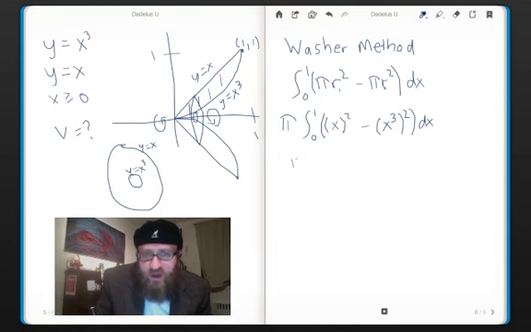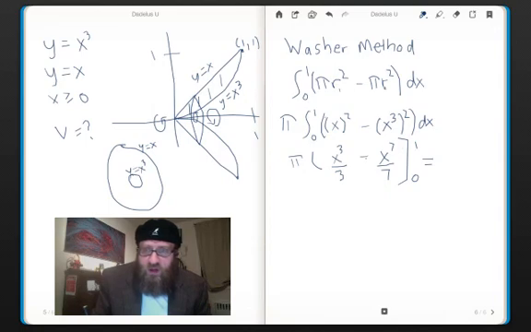This equals, we still have pi, times the integration now. x squared integrated is x to the third over 3 minus, well, we skipped a step. This equals x to the sixth, which when we integrate is x to the seventh over 7. We're going to evaluate that integral from 0 to 1.